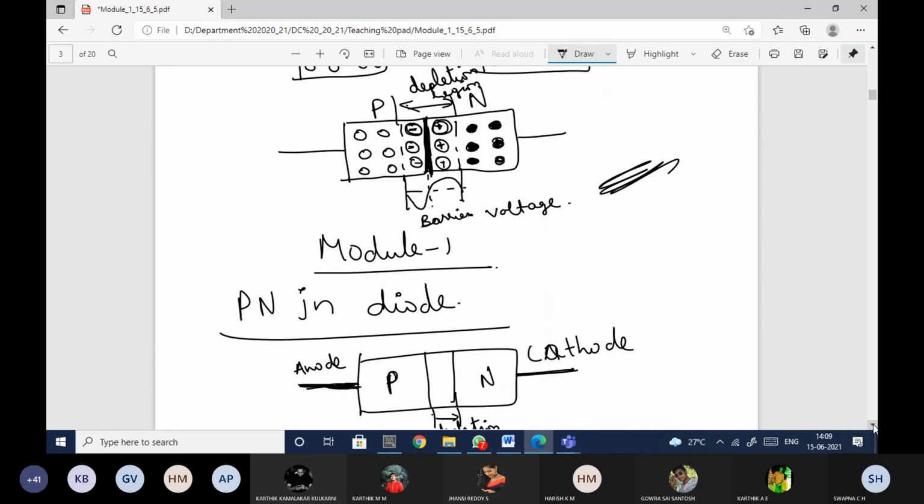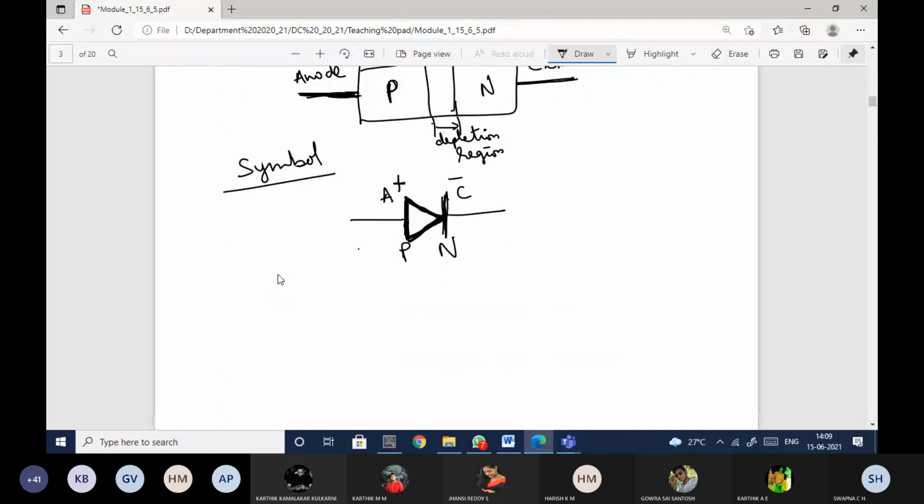In order to make a PN junction conduct, I can connect in two different ways. Let me first take the first way. I'll draw it using the symbol, and using this structure also. This is my P and this is my N. Now I need to bias it.